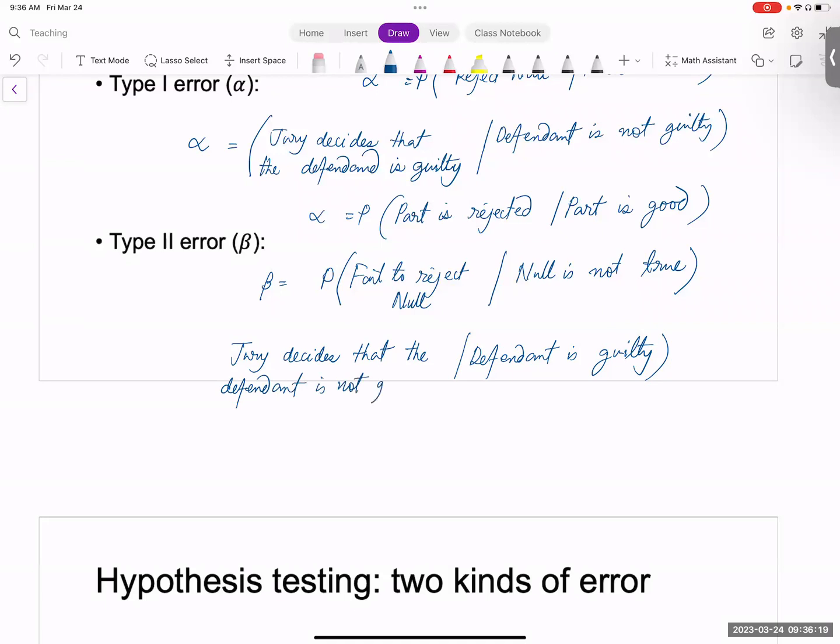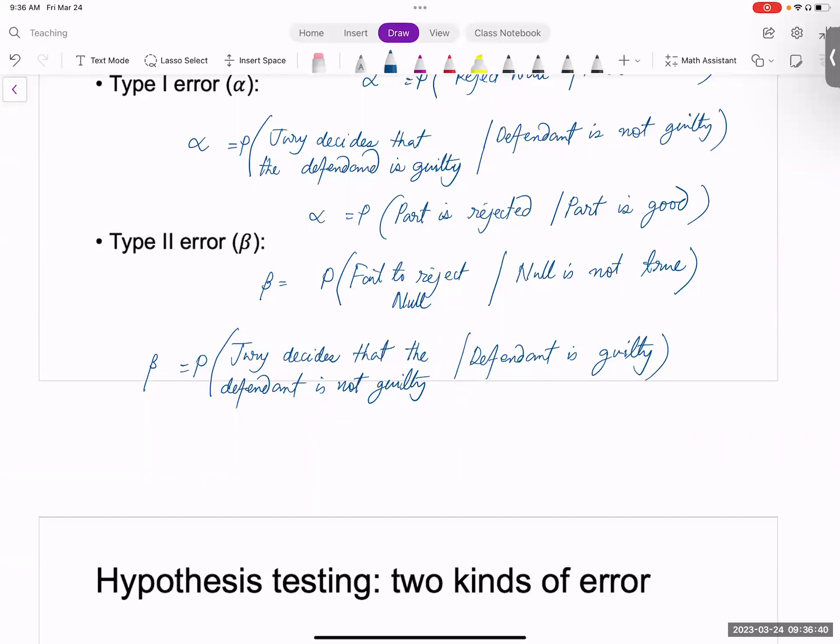And this is possible, right? Let's say for some reason the jury could not find enough evidence against the defendant, and then decided that the defendant is not guilty. The probability of this happening is your type 2 error.